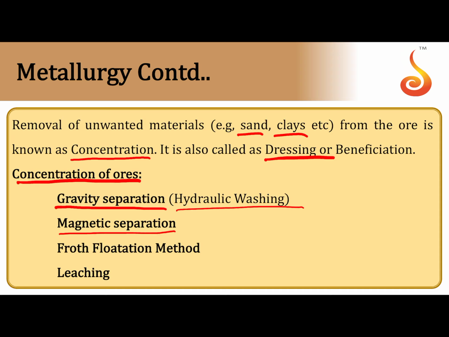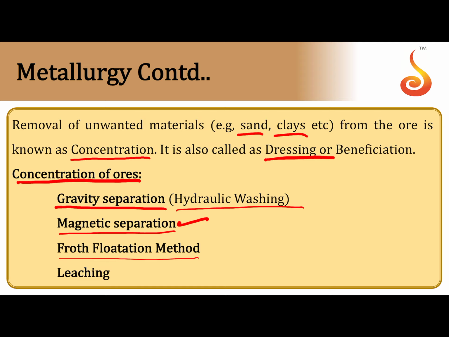Similarly, if the impurities or the mineral, either one, has magnetic properties, we can use the magnetic separation method. If lighter mineral particles are present, such an ore is concentrated by froth flotation.